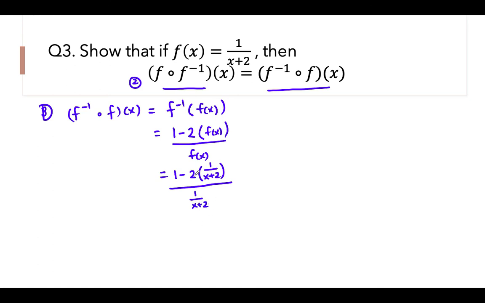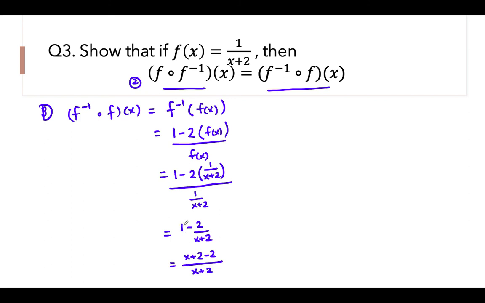Then I'm going to do the distributive property here in the numerator. So it's going to be 1 minus 2 over x plus 2. I'm just working on the numerator right now. So it's going to be x plus 2 minus 2 over x plus 2.